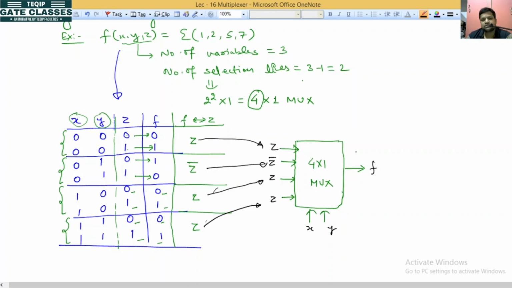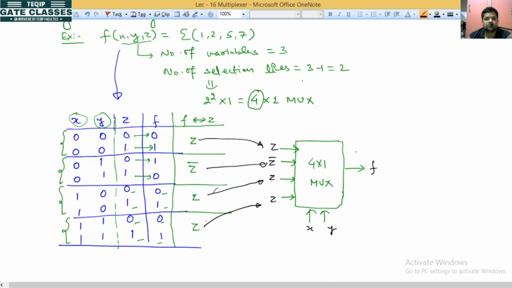But what is the problem here? We have one problem. Whenever you implement a Boolean function with the help of a smaller size mux, then all n variable functions cannot be implemented by using the mux only.